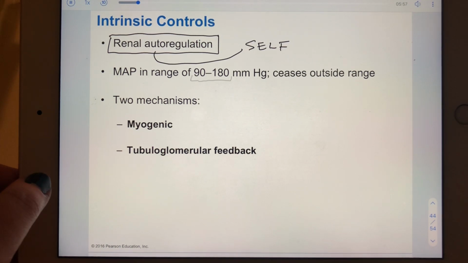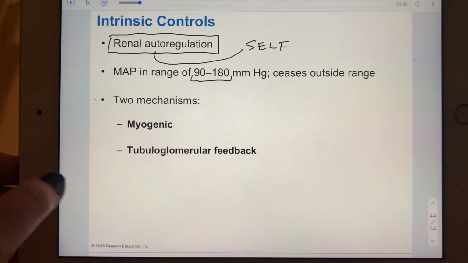And these guys are going to make adjustments to GFR as long as our mean arterial pressure is somewhere in the range between about 90 millimeters of mercury and 180 millimeters of mercury. If our blood pressure is higher than that, then other controls will step in. If our blood pressure is lower than that, then other controls will step in.